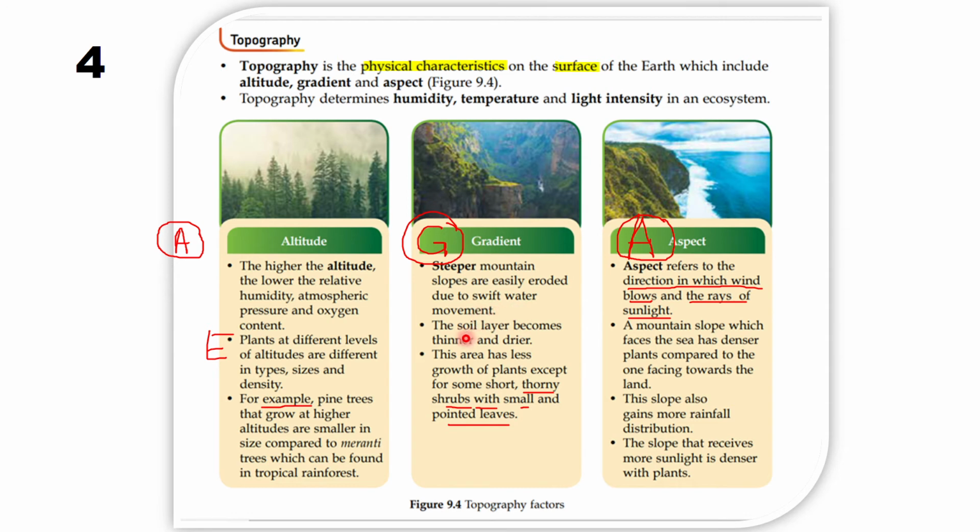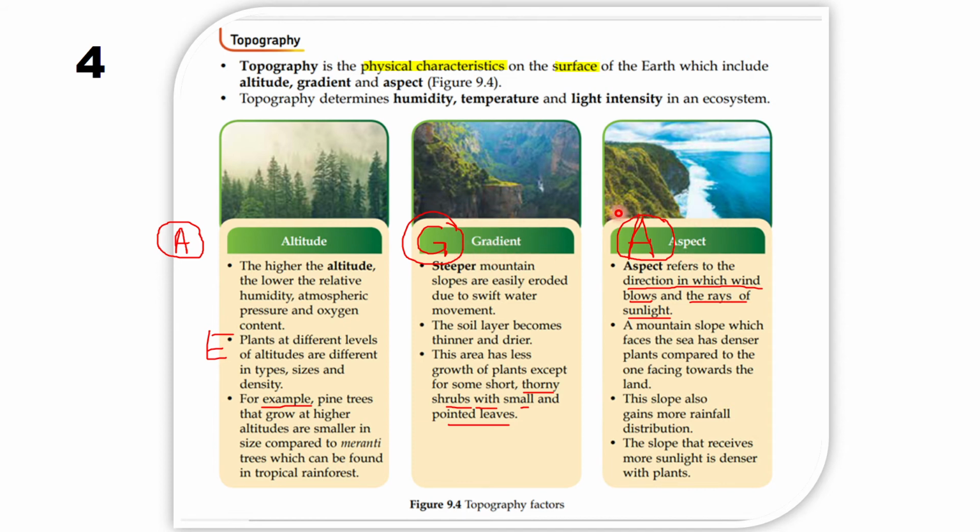Selalu berlaku hakisan, so that means the soil layer will become thinner, drier, therefore less growth of plants, except for some short plants, short thorny shrubs with small pointed leaves. Hanya tumbuhan-tumbuhan yang tertentu sahaja dengan ciri-ciri adaptasi yang tertentu sahaja boleh tinggal di cerun gunung ataupun cerun bukit. Okay, that is on gradient.